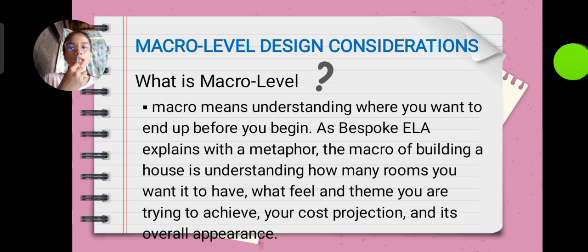For example, if you are going to implement this curriculum and you think that it will cause chaos to the students, teachers, and also the schools, then if you see that scenario will happen if you implement that certain curriculum, of course you can decide if it is really important to be implemented or not, or if it is good for the school, teachers, and students if it is implemented or not. So that is the macro level.